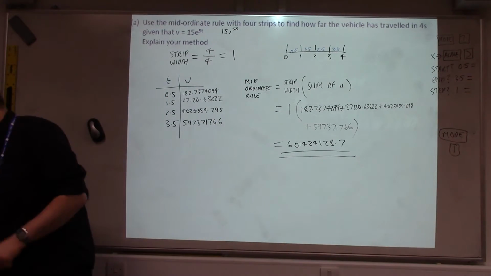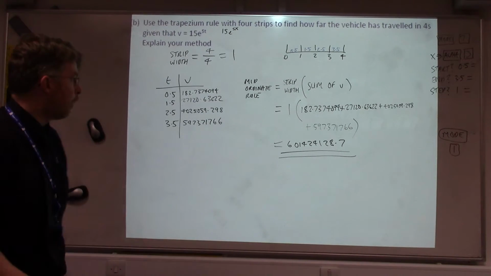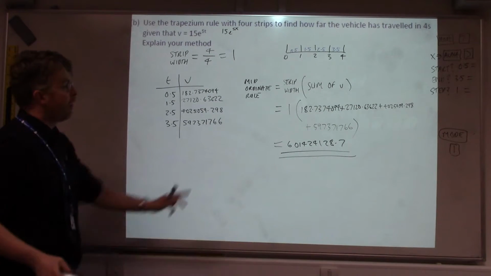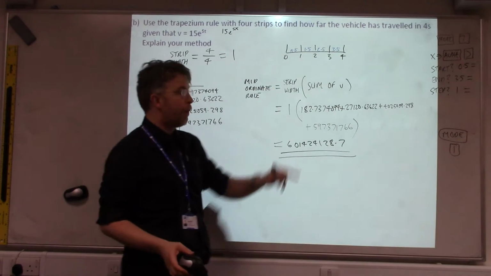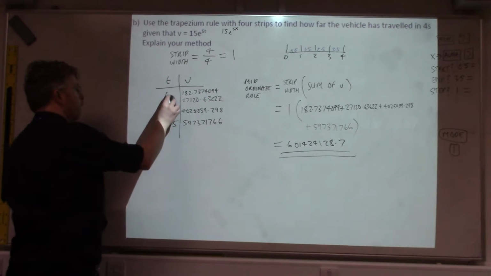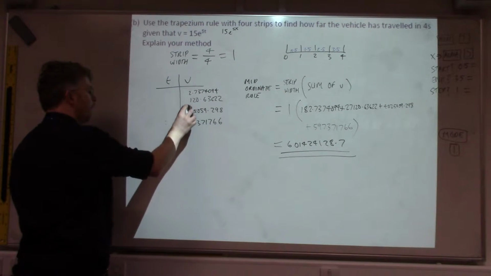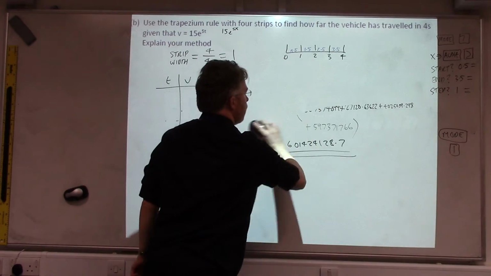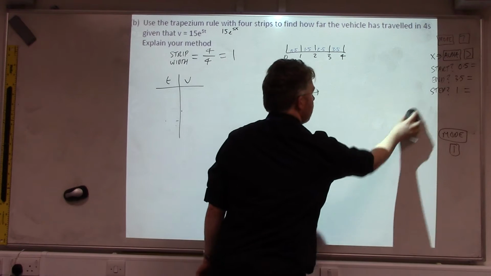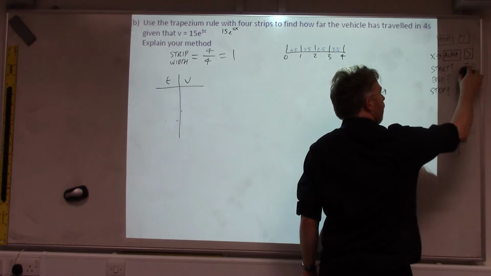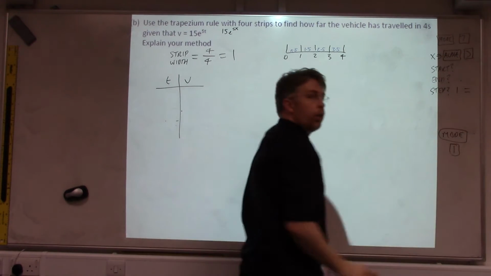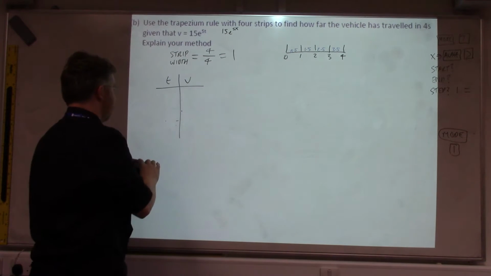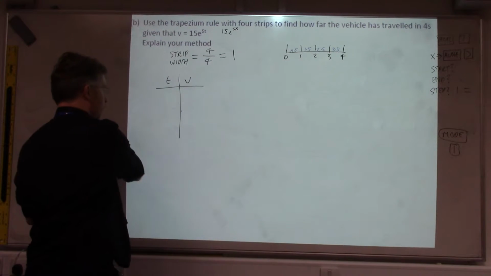Moving on to the trapezium rule, we need a new table because we're using the endpoints instead of the midpoints, and obviously a new formula. When we use table mode, we'll need a new start and end.